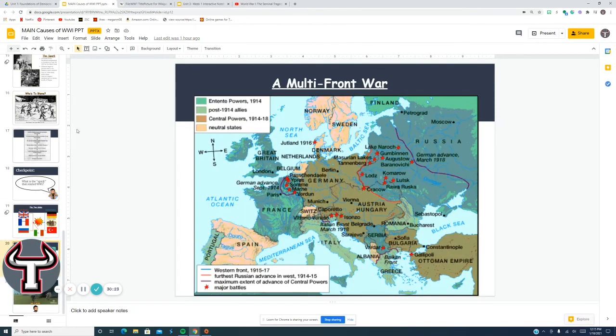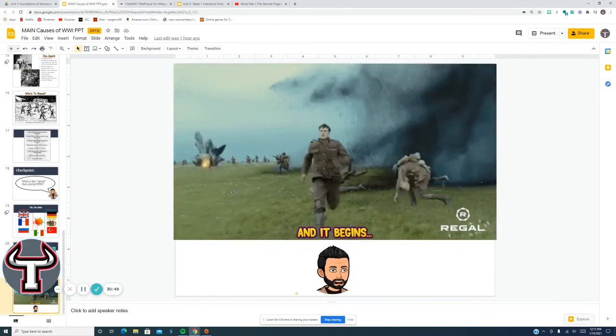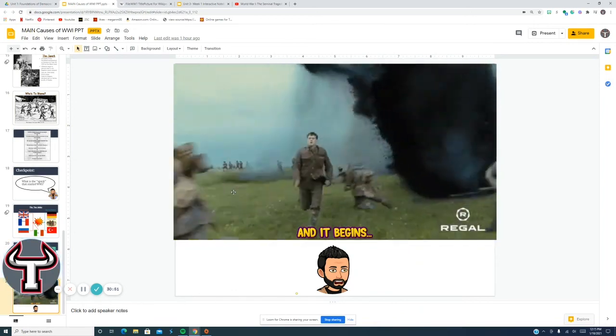Now, with that, you will see that there's going to be two different fronts with the Eastern and Western Front, something that we will focus next class on how this warfare was and the experiences for the soldiers who were a part of it. But what we now know is with those four main causes and the spark of assassination of Franz Ferdinand, all of this leads to World War I.